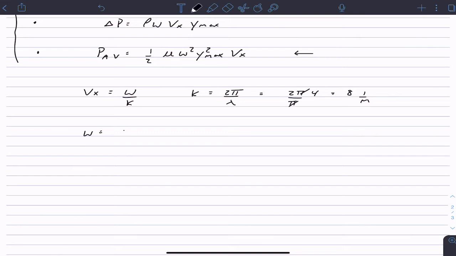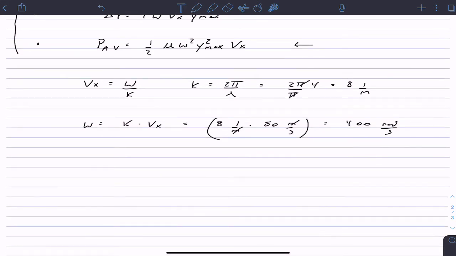So omega is equal to k times v sub x, and that's going to be equal to 8, 1 over meters times 50 meters per second. These units cancel. So that gives you a value of 400 radians per second.